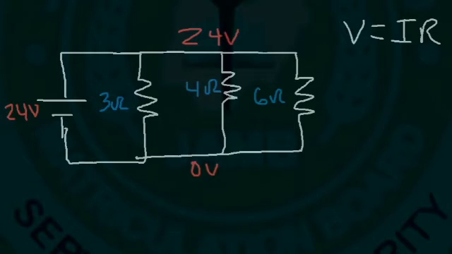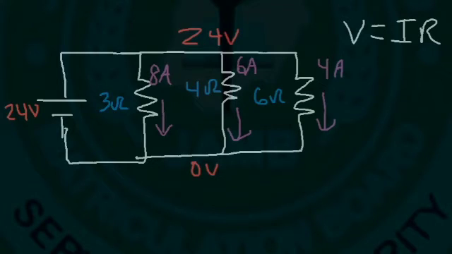V over R equals I. So 24 divided by 3 will give us a current of 8 amps that flows through the first resistor. 24 divided by 4 will give us a current of 6 amps flowing through the second resistor. And 24 divided by 6 will give us a current of 4 amps flowing through the third resistor.